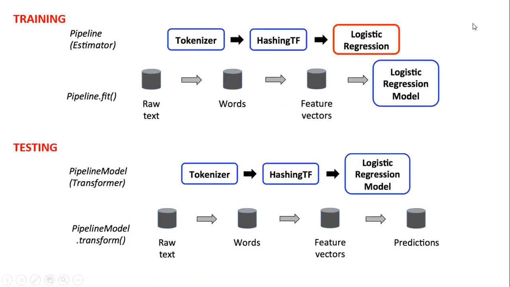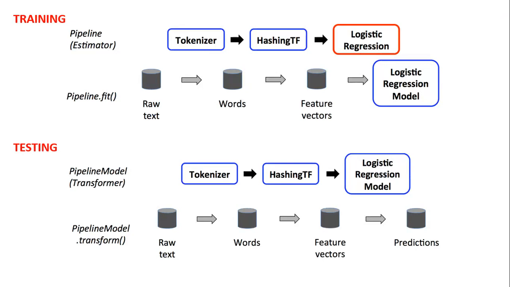Okay, so I have two pipelines, one for training, one for testing. Okay, let's assume we are just doing some kind of a document classification. Okay, so the pipeline for document classification starts with a tokenizer. You just take all the text and you tokenize them, and then you do some hashing term frequency.